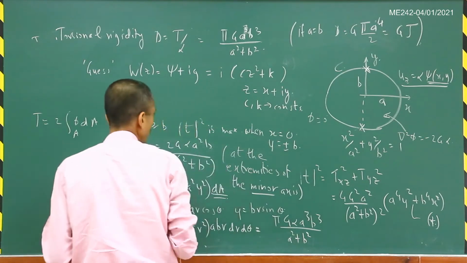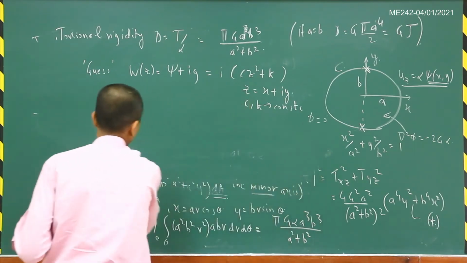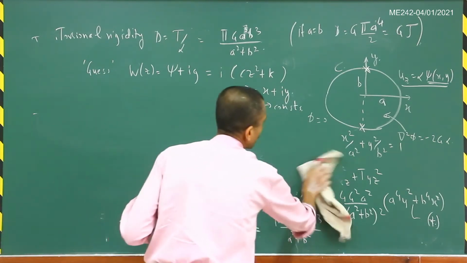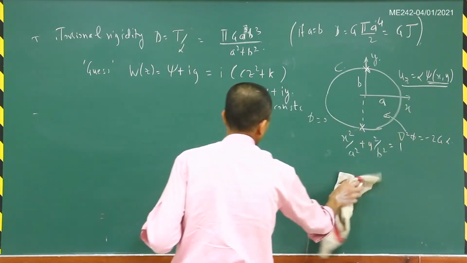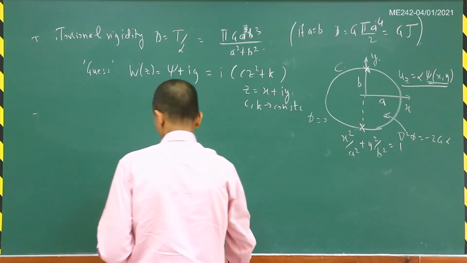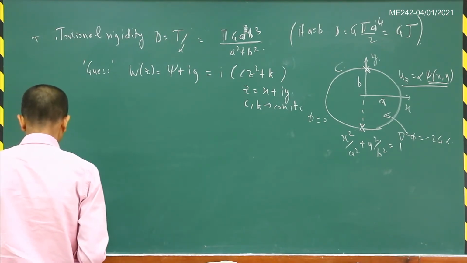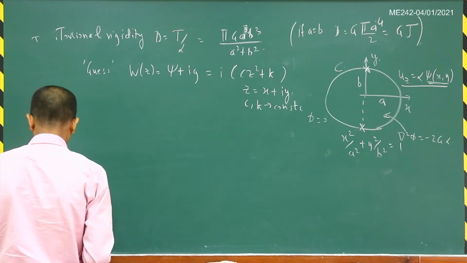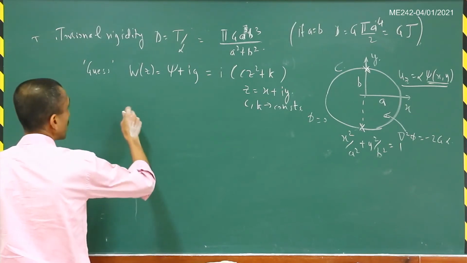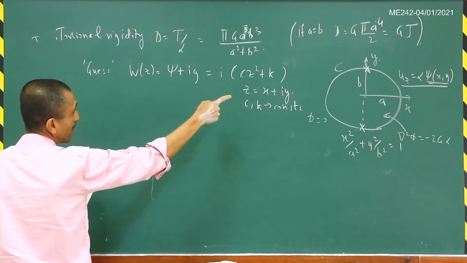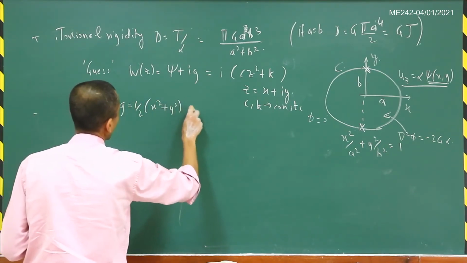So let us do that. If you expand this out, in order to determine these constants, we will use the fact that g is equal to half of x square plus y square on the boundary.